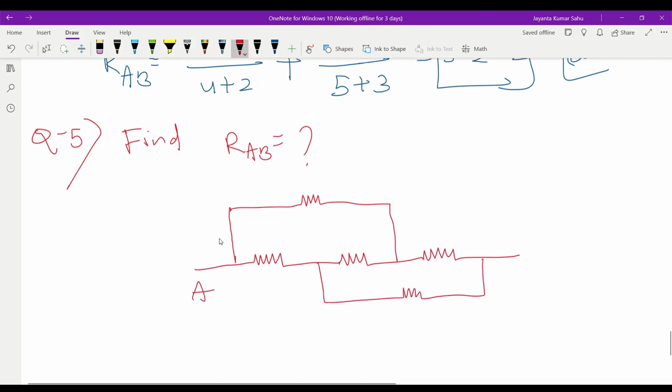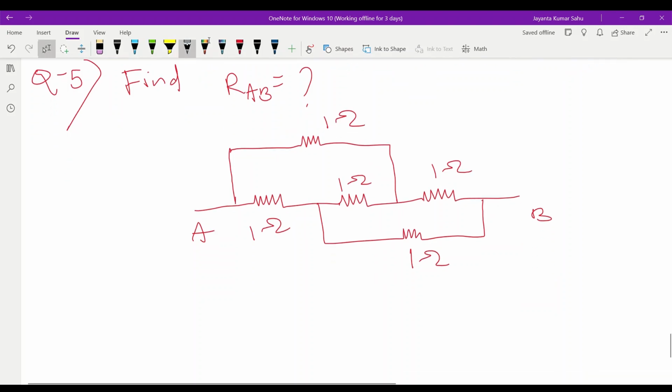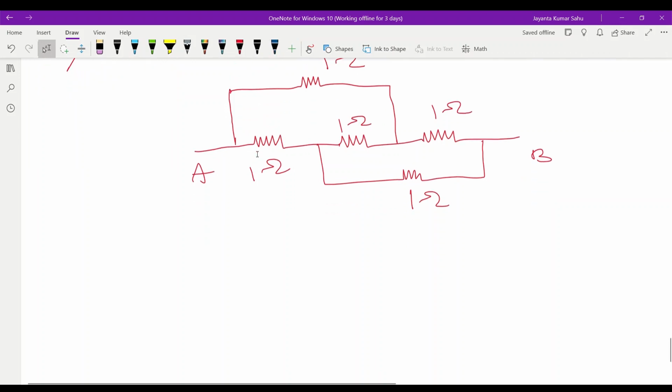A and B, all values are 1 ohm, 1 ohm, 1 ohm, 1 ohm. Then I will solve. Again, if we apply the current method, where the current method means same current is series, divided current is parallel, we have a confusion. We will go for the point method. Now we write the solution.